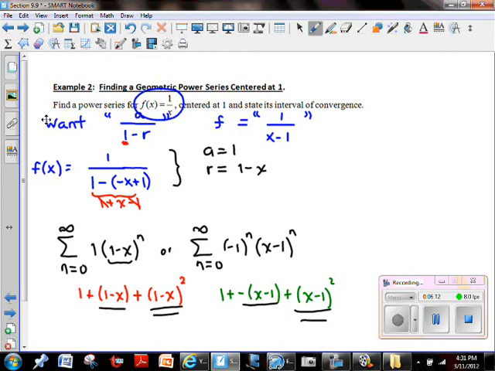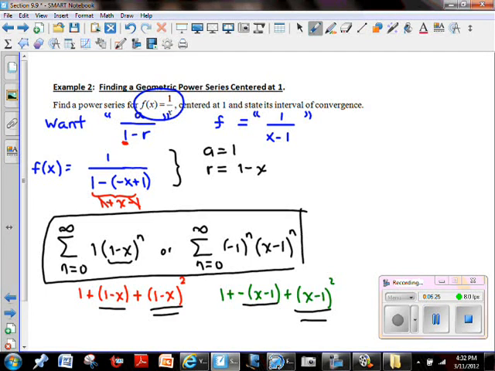And then to go ahead and figure out the interval of convergence, it might be just as easy to use this first representation since it's got that true geometric flair to it. So I'll take the r value of 1 minus x, work over here, and we would just set the absolute value of that less than 1.